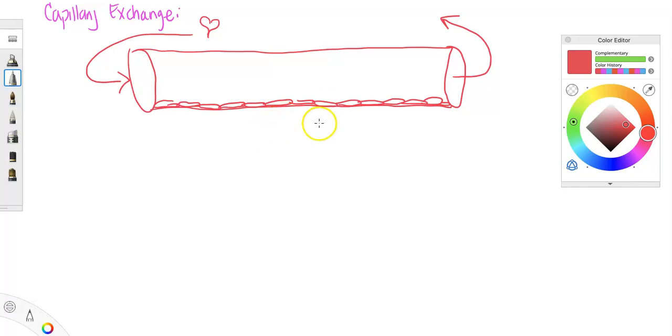All right, keep in mind the things that are in blood. So we've got red blood cells floating around, which are probably a lot bigger than I'm drawing them since this is a capillary, but I don't want to use all the space. All right, there are proteins, albumin and other plasma proteins.